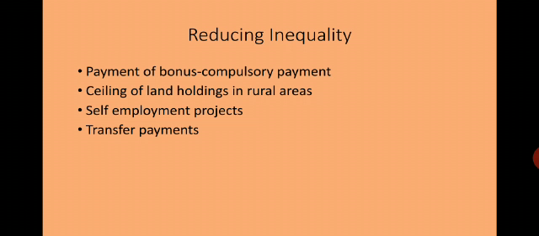Any surplus above this land is taken by the government and is redistributed among the landless workers, tenant farmers, and marginal groups. So the ceiling of land holdings also helps in reduction of inequalities, as the lands of those farmers who have resources are distributed to the farmers who have a paucity of funds.